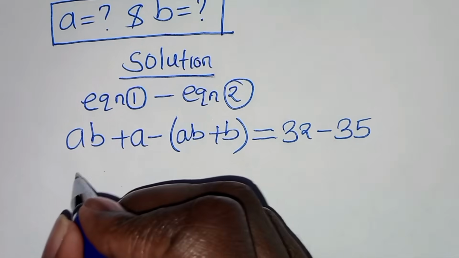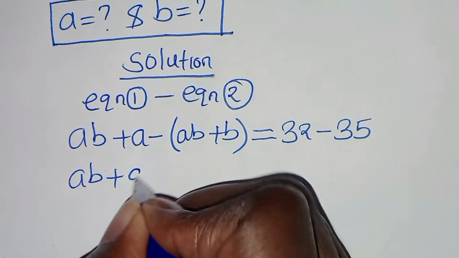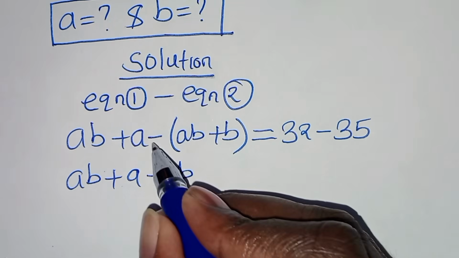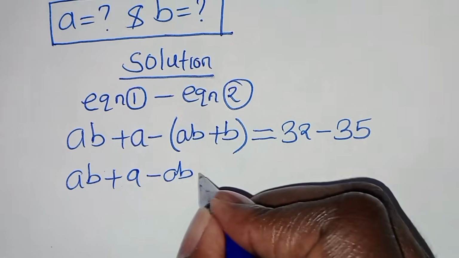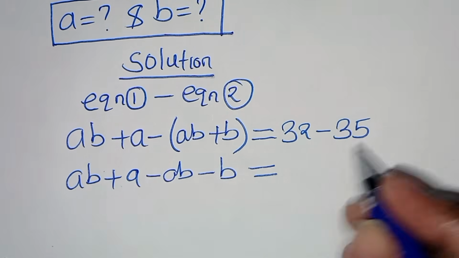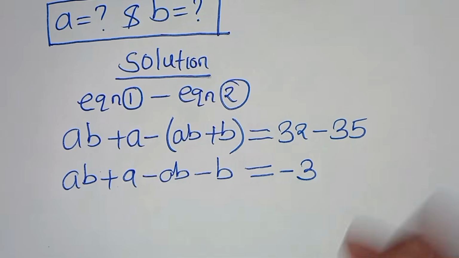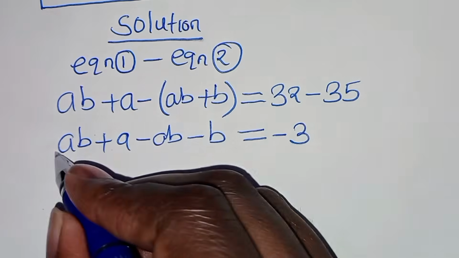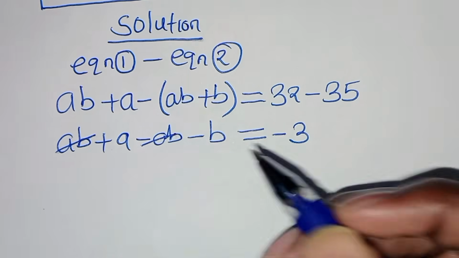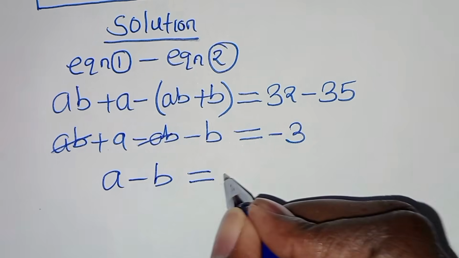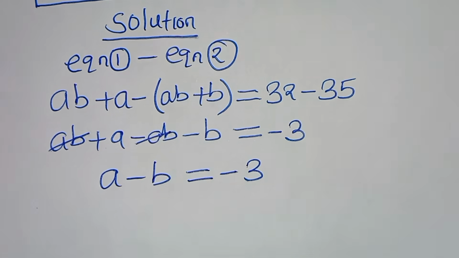AB plus A, then subtract AB, then minus times plus B becomes minus B. This is equal to 32 minus 35, which is equal to minus 3. The AB and AB simplify, so that we have A minus B equal to minus 3.